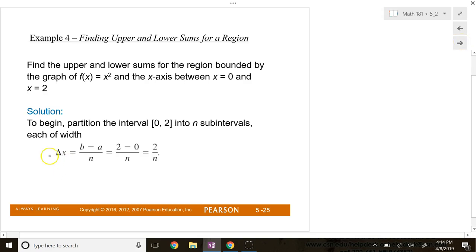We talked about how you find your delta x. What's the width? It's b minus a, over n. So for this example, if we're going to find the upper and lower sums of the region bounded by x squared between x being 0 and x being 2, let's draw this thing.